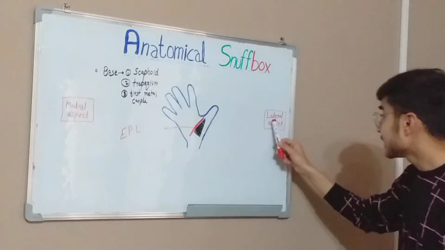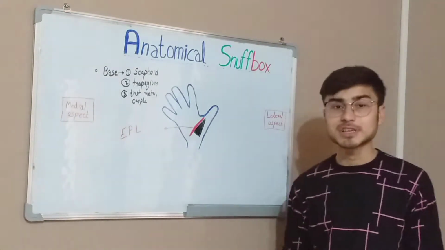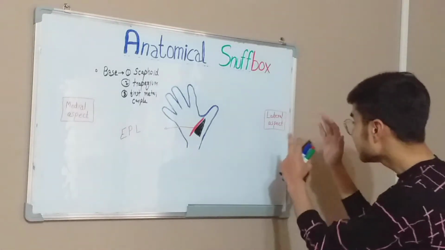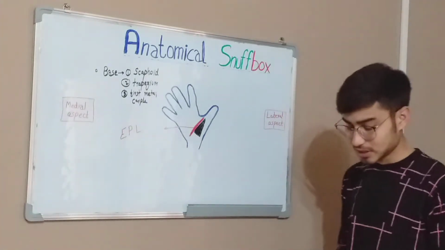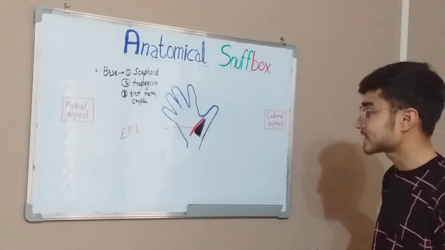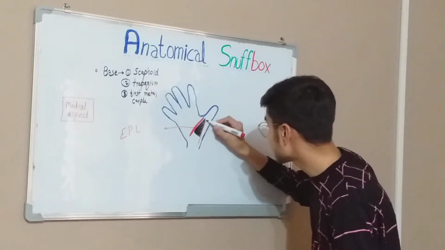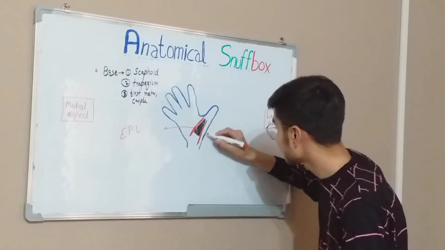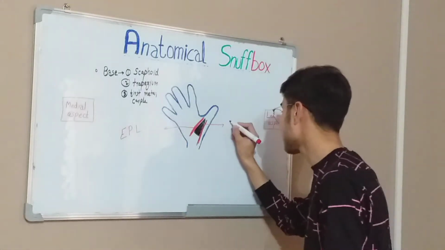And similarly, the lateral aspect is formed by two other tendons. The medial aspect is formed by just one tendon, the tendon of the extensor pollicis longus. Now, the lateral aspect of the anatomical snuff box is formed by two tendons: the tendon of the extensor pollicis brevis muscle and the tendon of the abductor pollicis longus muscle, right? So one, we have the tendon of the extensor pollicis brevis.